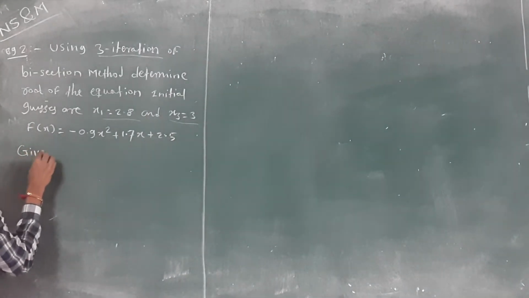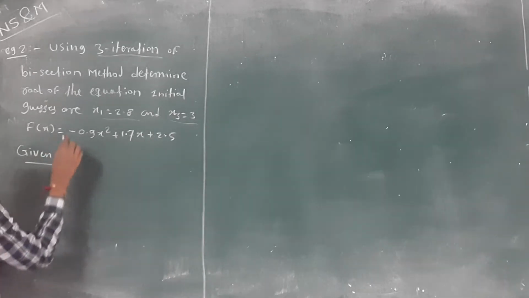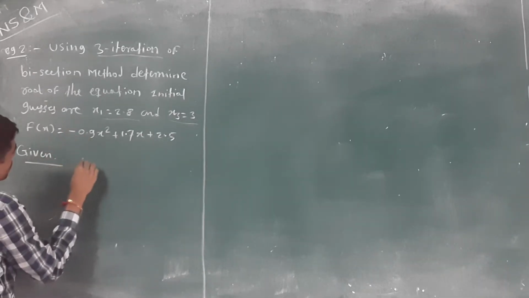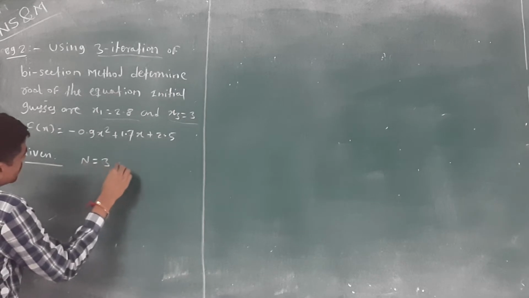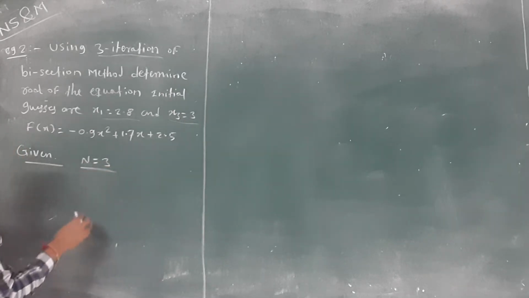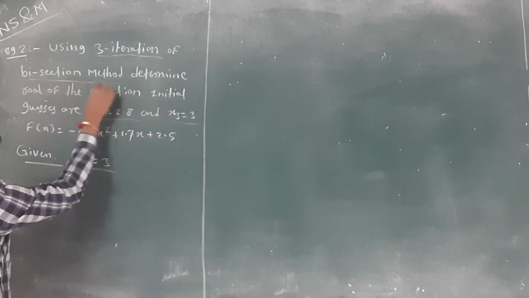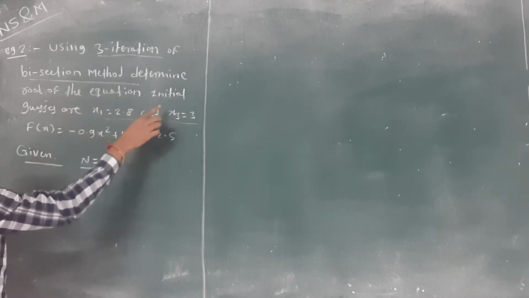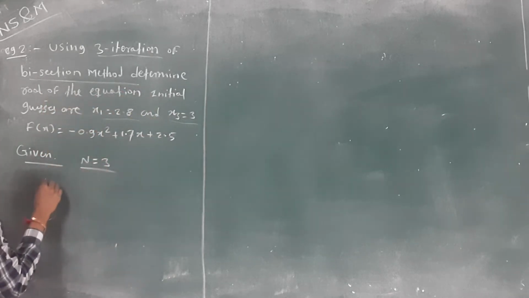First, the number of iterations n is equal to 3. We want to use the bisection method for the root of the equation, and the initial guesses are given.